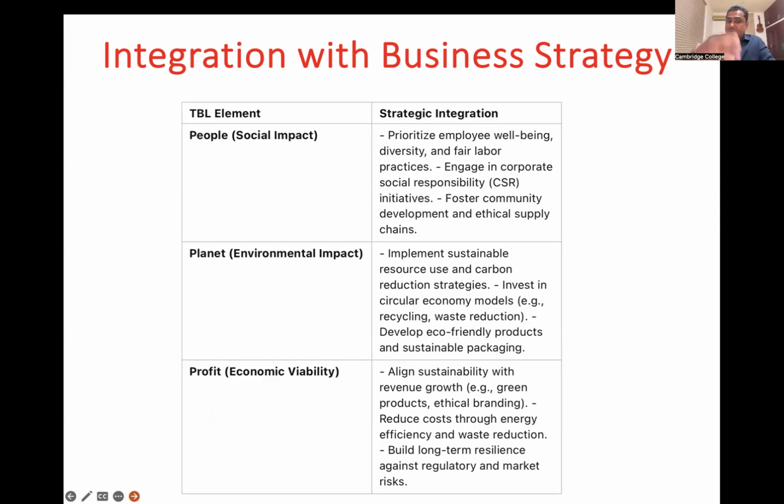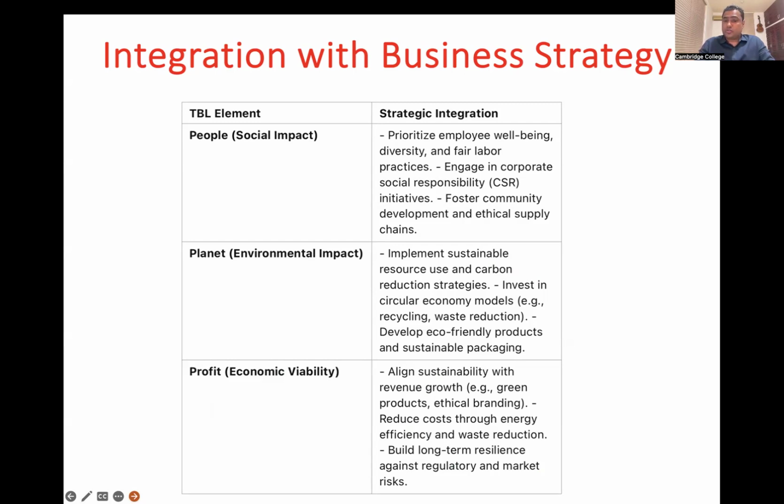Environmental related activities, planet, implement sustainable resource use, carbon reduction strategies. Obviously, if you can in the long term focus on this, you can reduce costs, invest in the circular economy models, recycling, waste reduction.